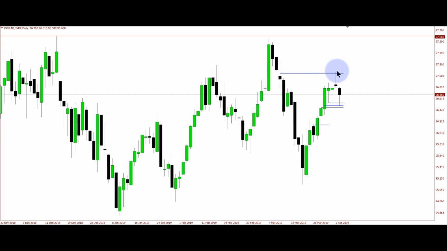So when we drop down to a lower time frame, this will be salient once we drop into intraday charts. We also have a fair value gap in here as well. You'll see that the blue line in here, 96.50, will be salient as well when we drop down to lower time frames.